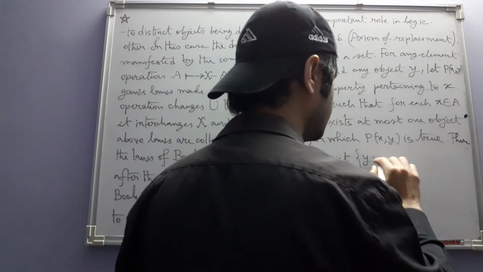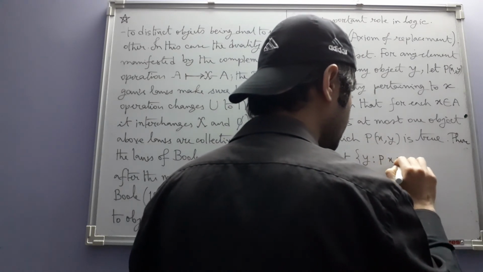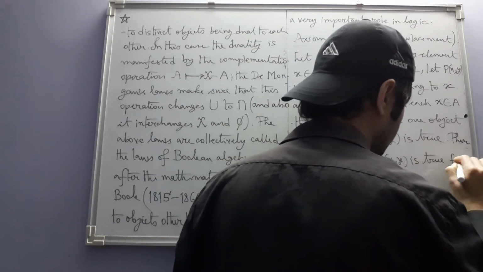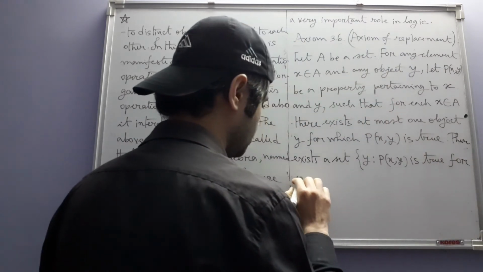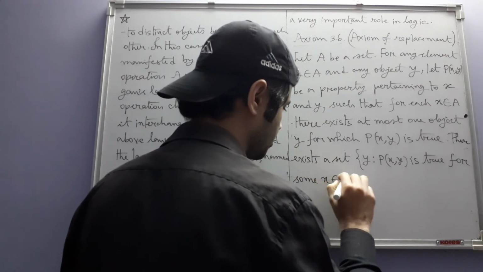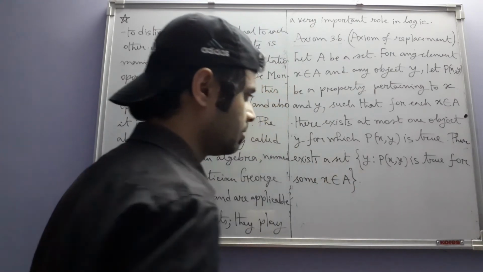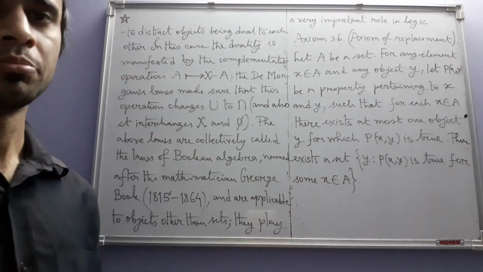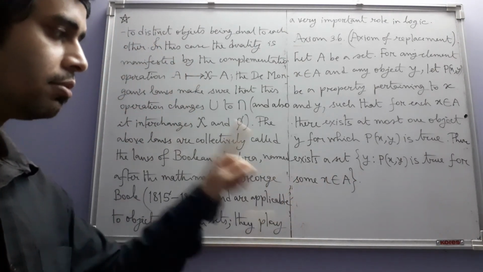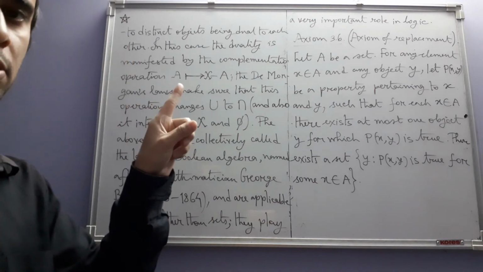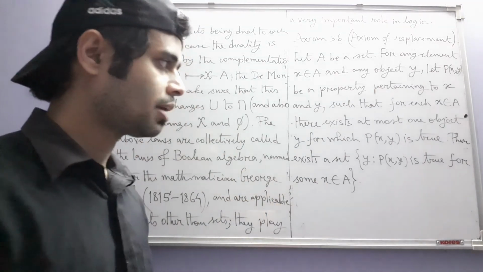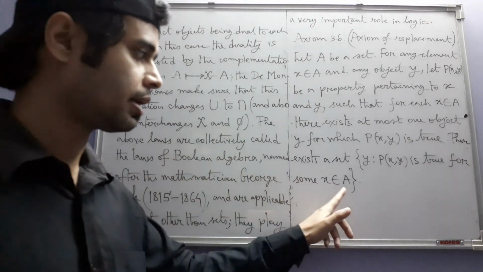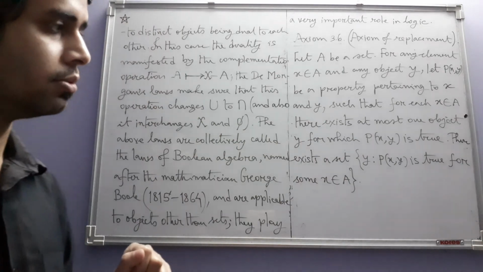Y such that P(x, y) is true for some x belonging to A. We already know what this "for some" means. If you recall from our discussion on mathematical logic, "for some" actually means for at least one. That is, there is at least some x for which this is true.